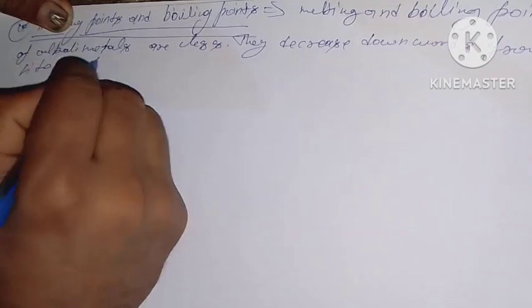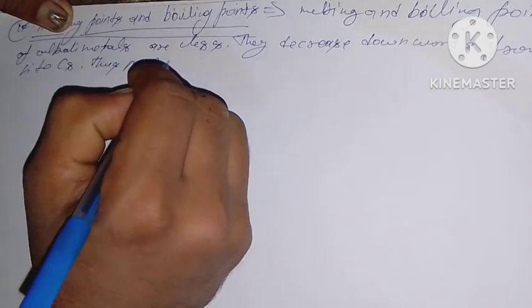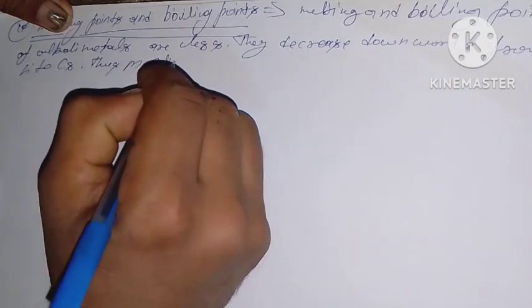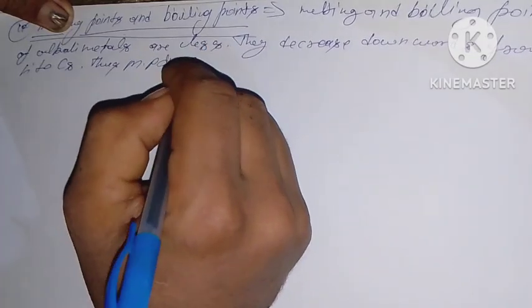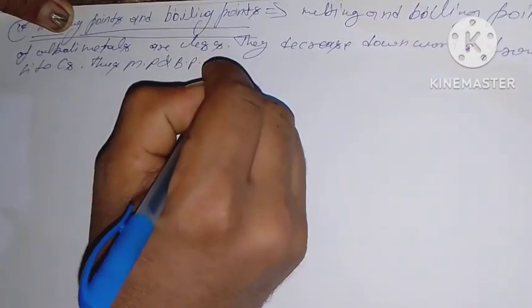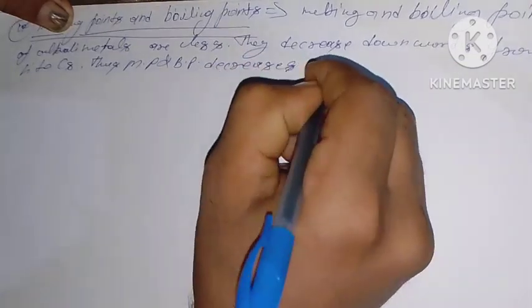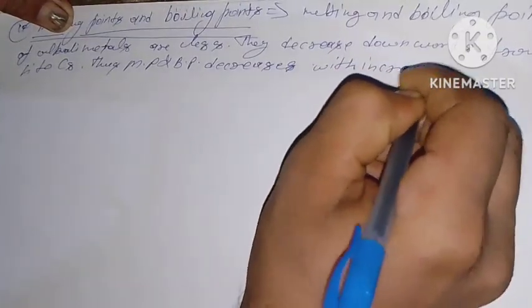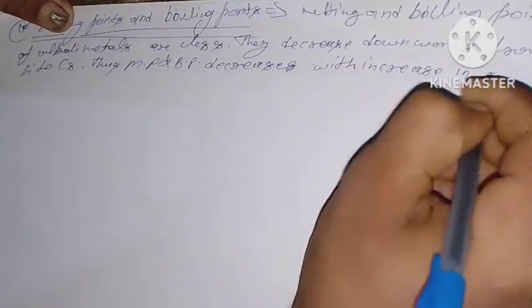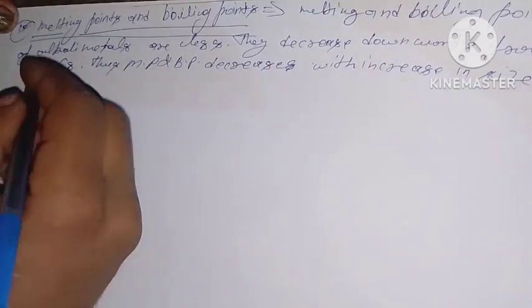Thus, melting points and boiling points decrease with increase in size.